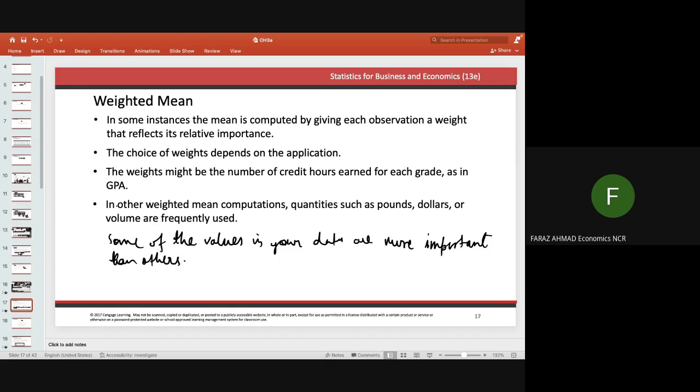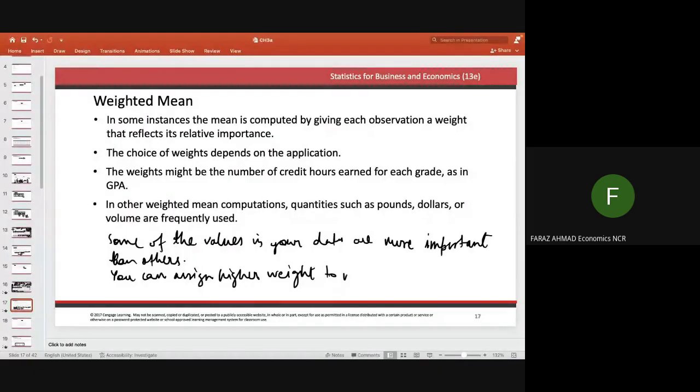So you want to assign higher weight to more important values, right?